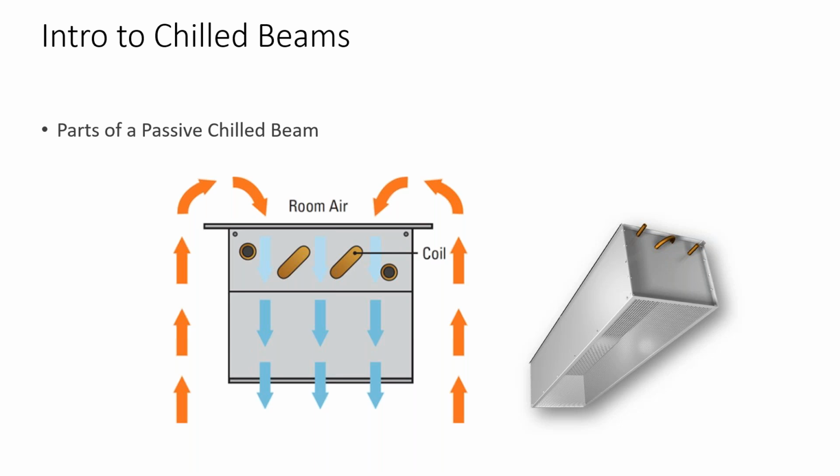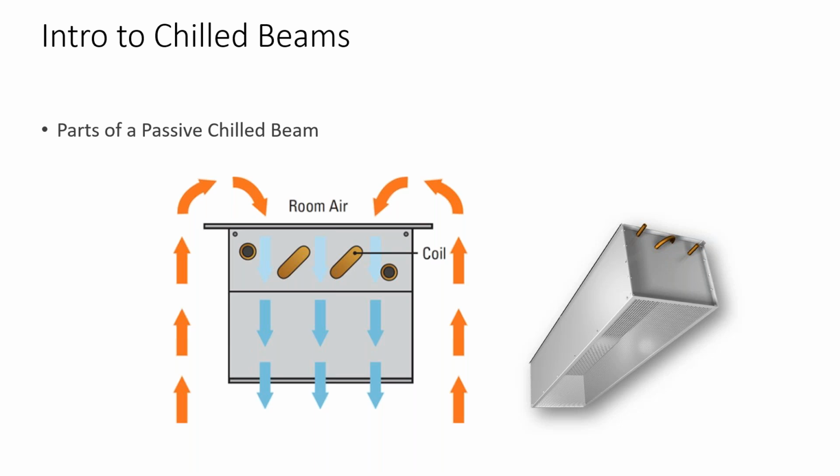And then again, so the passive beam is essentially operating on a buoyancy differential, temperature differential, and you have a requirement of space for the warm air to rise up and move across that shroud and get up behind the coil itself.